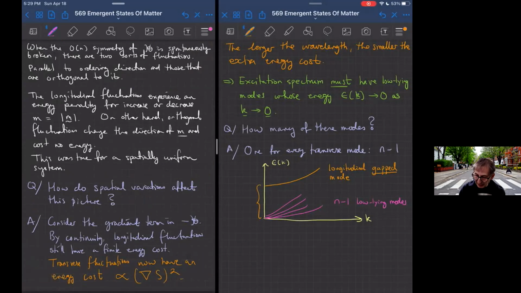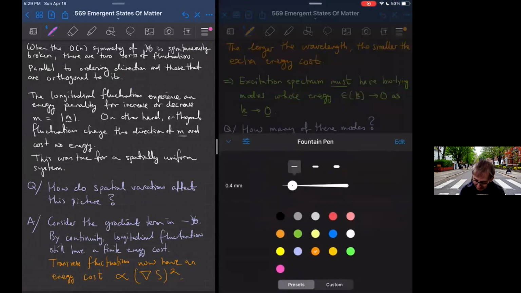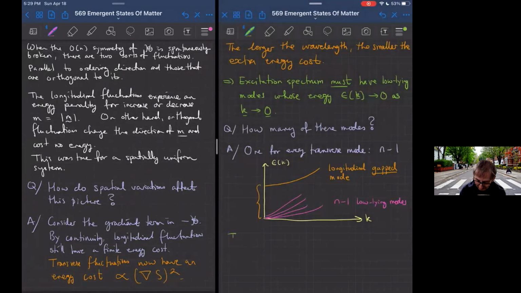And so these modes are known as Goldstone modes, after Jeffrey Goldstone, who sort of proved this in more generality, quantum mechanically.